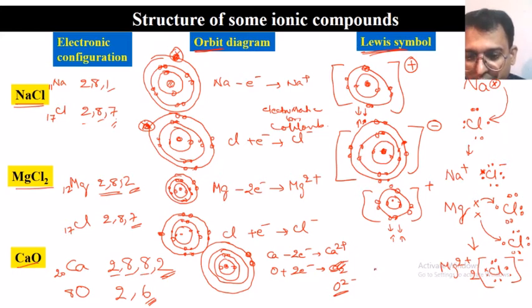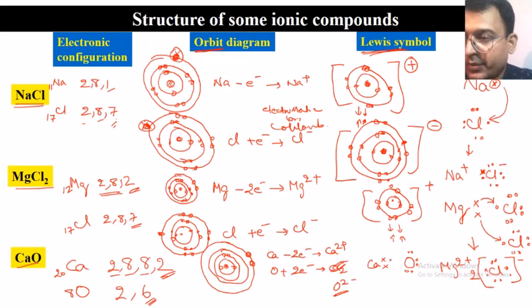So now if you want to show this in a Lewis diagram structure, how will you do it? So calcium has 2 outermost valency electrons. Oxygen, for the sake of simplicity you can show 1 oxygen: 1, 2, 3, 4, 5, 6, 6 electrons.